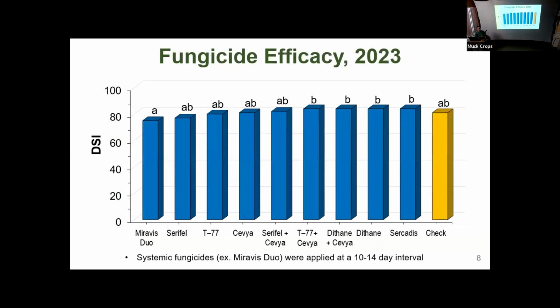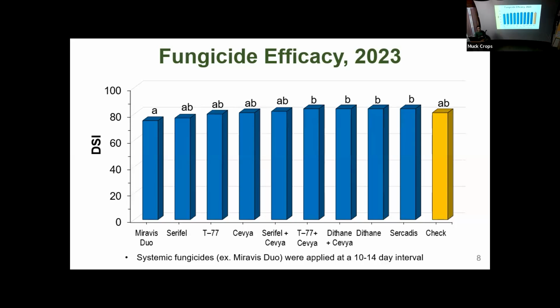So in 2023, we were looking at a few registered products and some biologicals, as well as Sevia and Diethane. So unfortunately, we did not see any reduction in severity compared to the check. But we did see that Miravis Duo was slightly better at reducing Stemphylium than Diethane, Circadus, and Sevia alternated with T77 and Diethane.